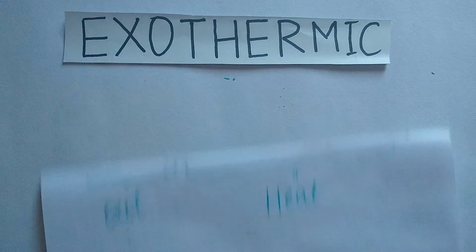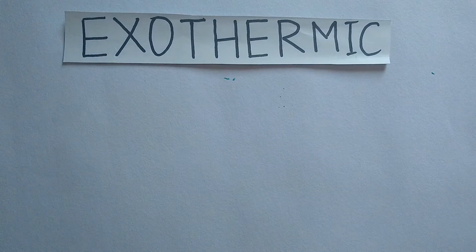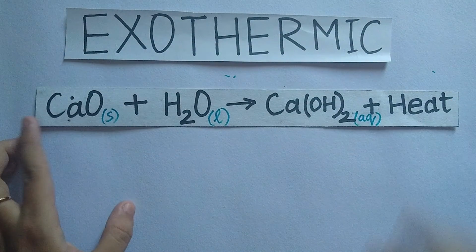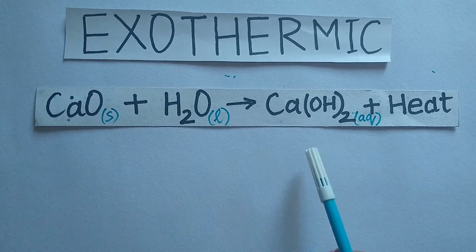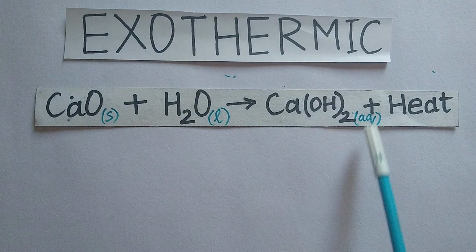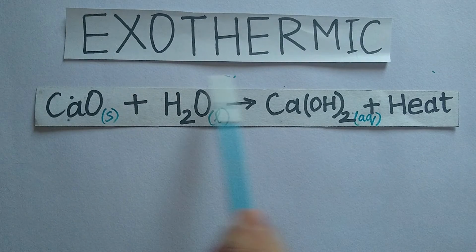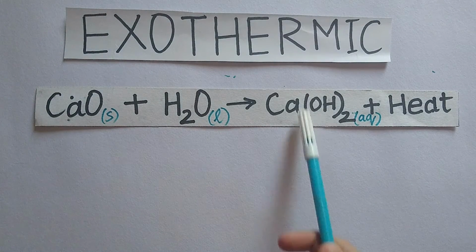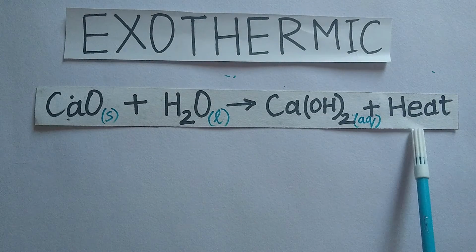So we've previously seen an example of an exothermic reaction, which was CaO plus H2O giving calcium hydroxide and heat, right? If you see, this was also an example of a combination reaction. Remember, only a single product was formed.